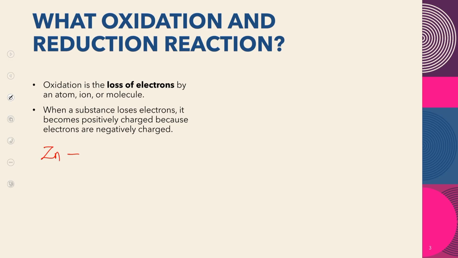Zinc can lose 2 electrons from its orbital, and it will become zinc 2+. Here, because zinc has lost 2 electrons, we can say it has been oxidized, right? And here we are looking at zinc from an atom becoming an ion.